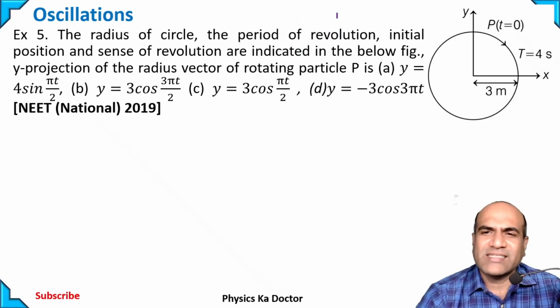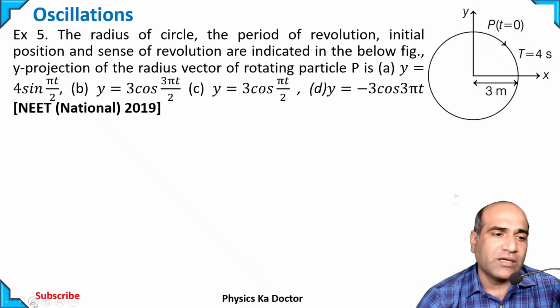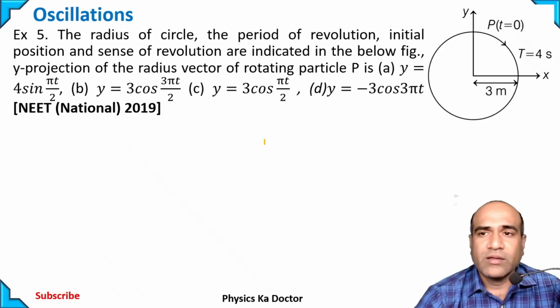That's the circle it is showing here. The y projection of the radius vector of the rotating particle, which is moving from this position starting from the top on the y axis, right?